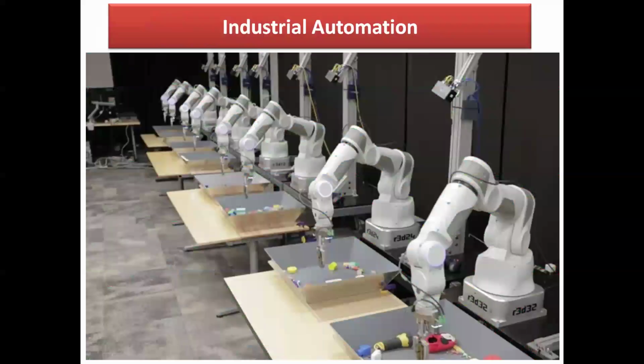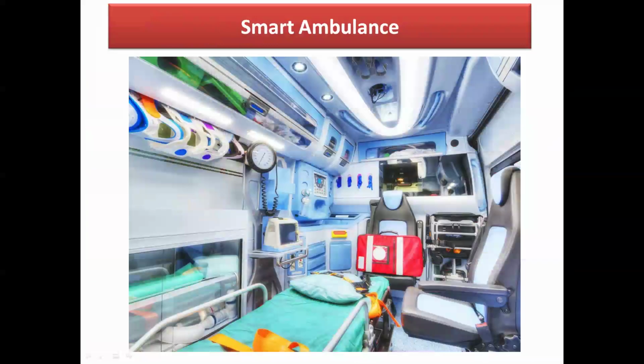Industrial automation, for example, is another such implementation. Smart ambulances: if we are proposing a research project related to smart ambulances or electronic health services, in an ambulance moving on a remote highway, how to communicate with a medical lab, and how to communicate with a specific medical expert.